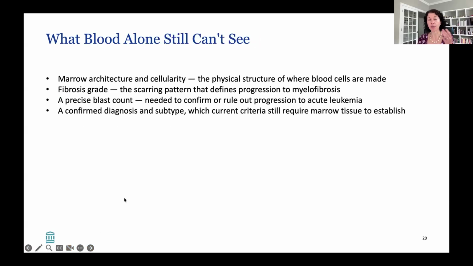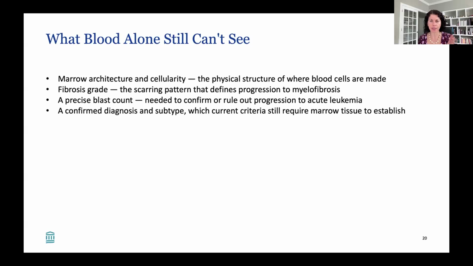However, our blood tests now really can't see some things. For example, we can't look at the architecture of the bone marrow. We can't look at the cellularity of the bone marrow. We can't look at how much fibrosis or scarring you have. We can sometimes miss if there's increased blasts because they don't always show up in the blood.